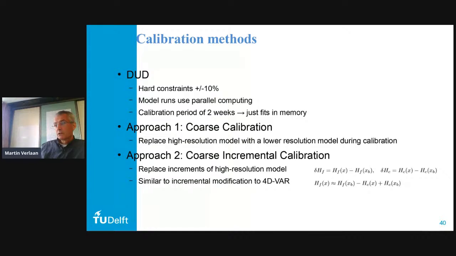Of course, what we also need is that the model runs themselves are all running in parallel, so we can do all this on a cluster. We're running with a calibration period of 2 weeks, and then we ran into a new constraint that we didn't have before, is that 2 weeks is about the limit with these number of observations and these number of parameters to keep the whole least squares problem in memory.